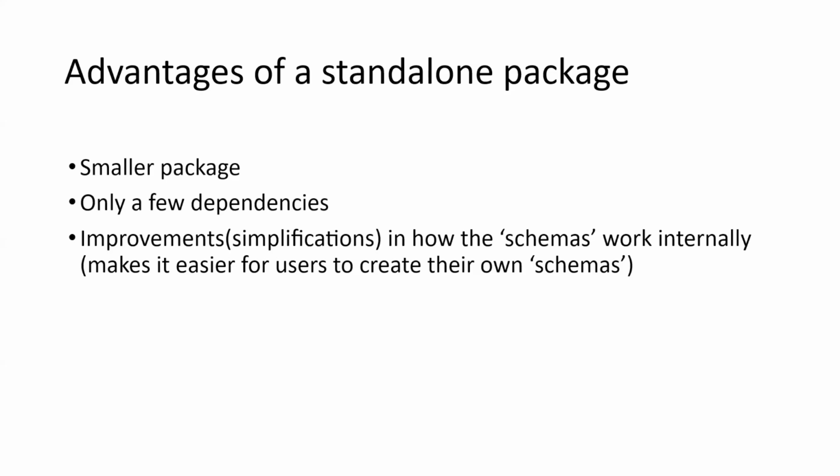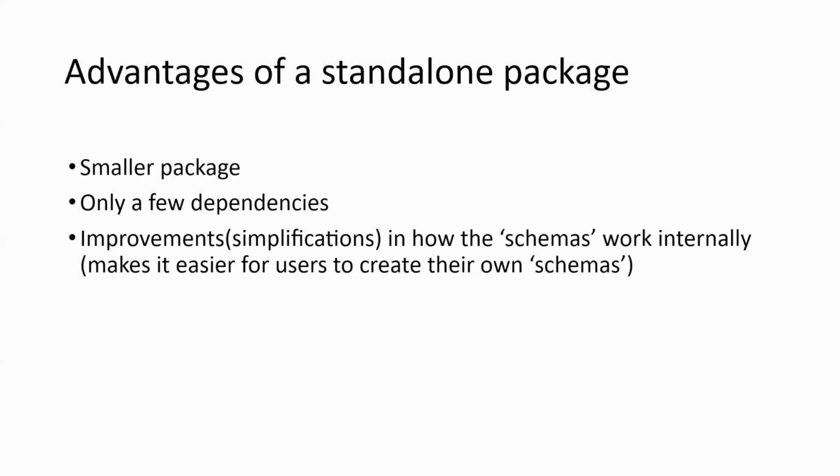It has fewer dependencies than Coffea because it only needs the ones for creating awkward arrays from root files. And also I've introduced some simplifications in how the schemas work internally, that they work on high-level awkward arrays instead of buffers. And it will make it easier also to develop these schemas and to create new ones for users if they would want.